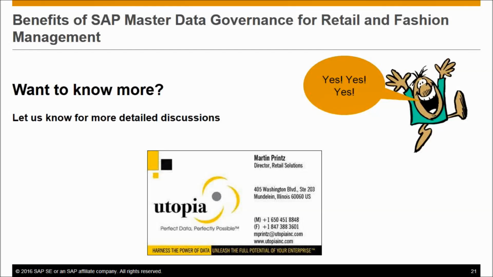There's a lot of functionality within the system, and it's listed out here in the content list. So before I wrap up, let me spend a couple of minutes on some of the benefits. There are many ways to get to good data quality.